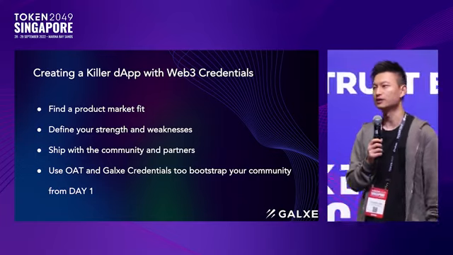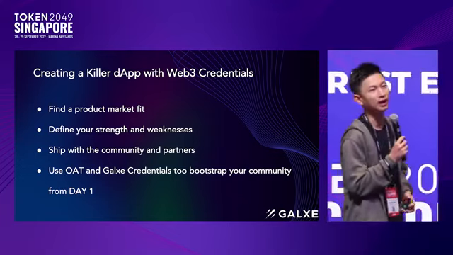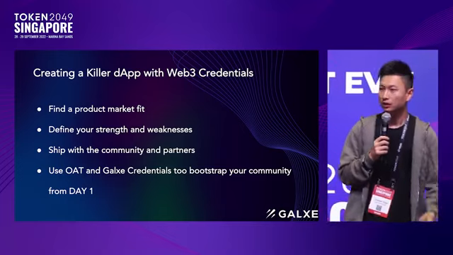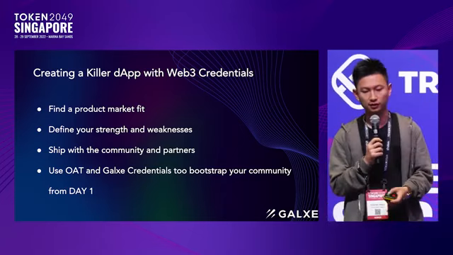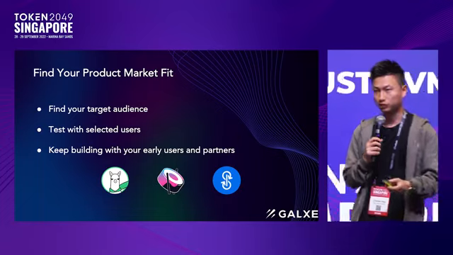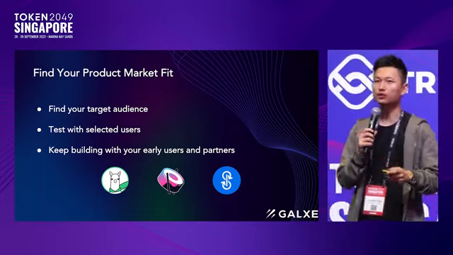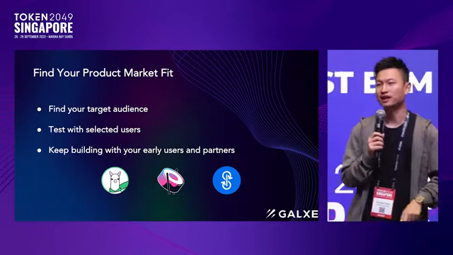In our experience, we work with some projects and they can really become killer apps. So the first important thing is you find a good product market fit. You always want to find your target audience first, and then test with some selected users.